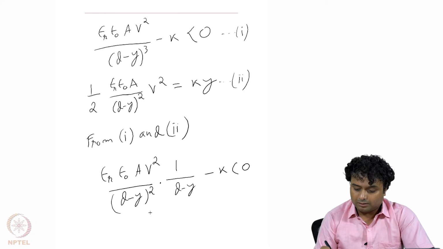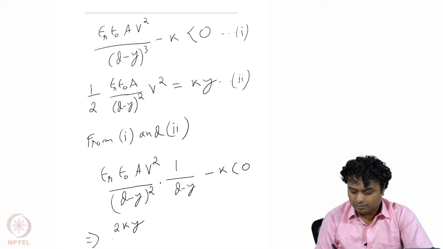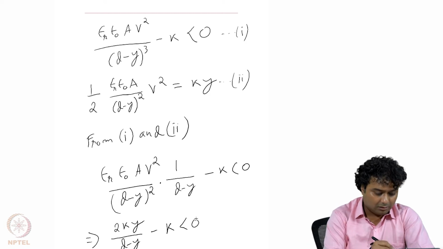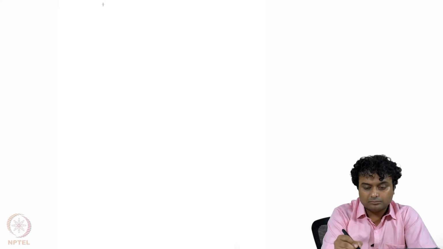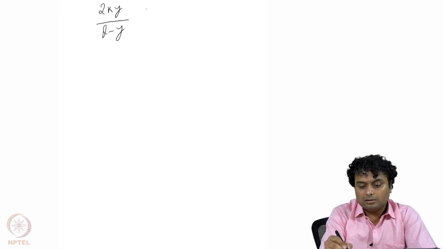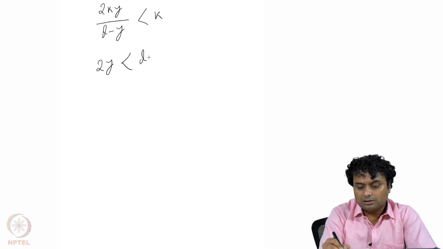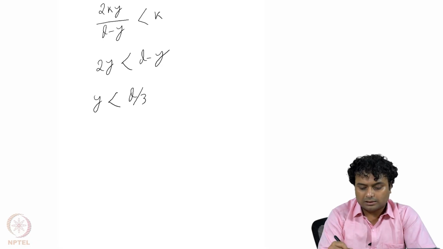Now this term is 2ky, so 2ky divided by d minus y minus k less than 0, or 2ky divided by d minus y less than k, or 2y less than d minus y, or y is less than or equal to d by 3.